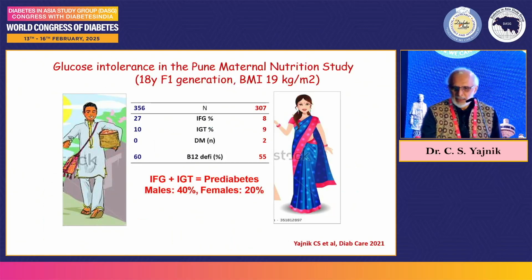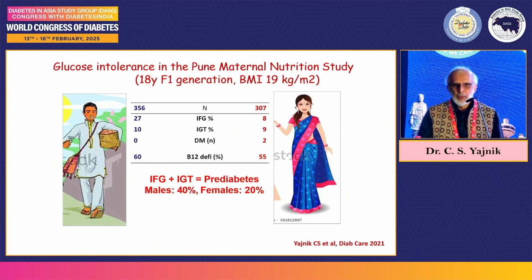At 18 years of age, the average BMI of this F1 generation was 19 kg/m². You don't expect high glucose at a BMI of 19, because we are used to thinking of gestational diabetes or diabetes as a disease of obesity.